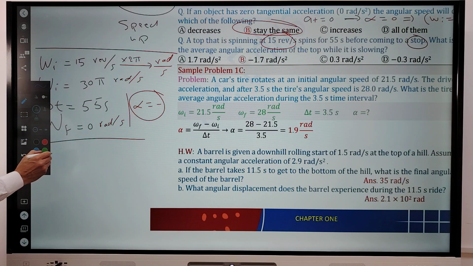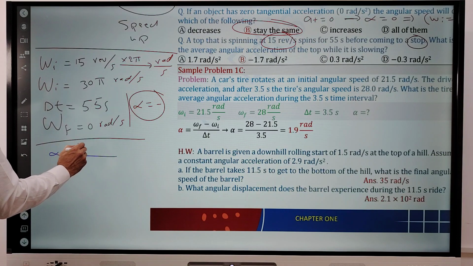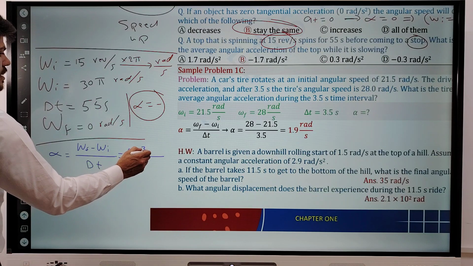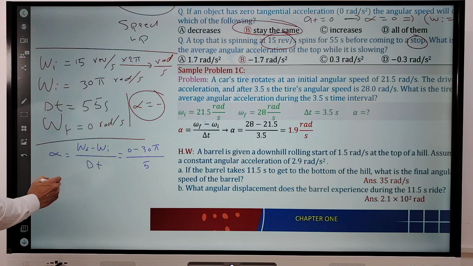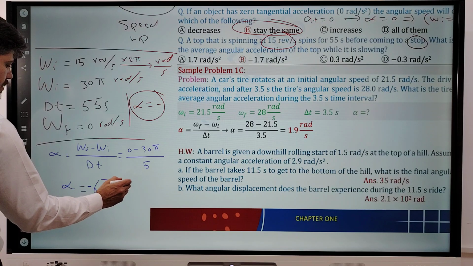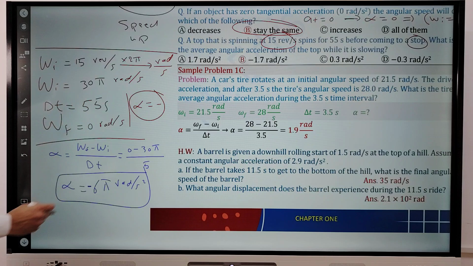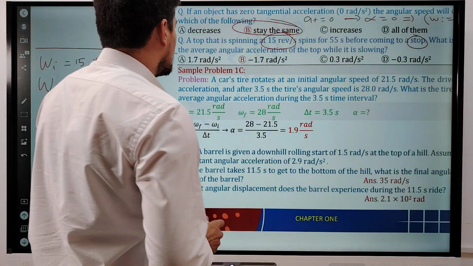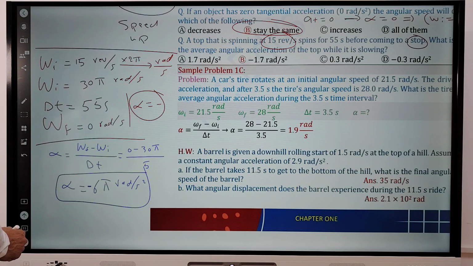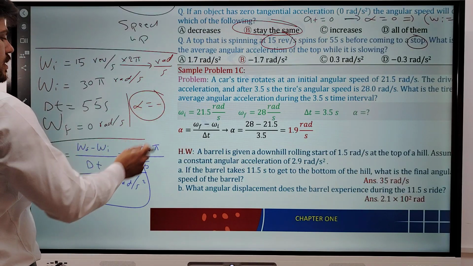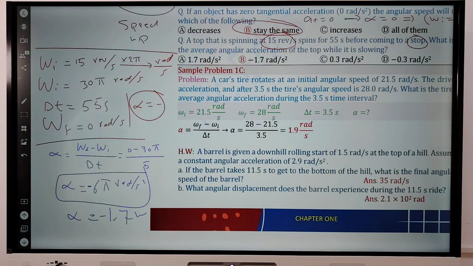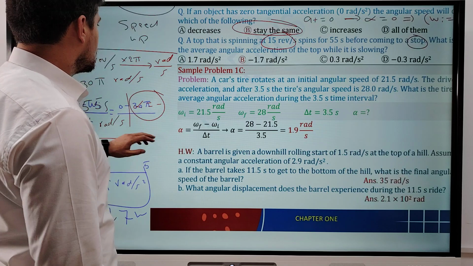And at first, you have to write down the equation of angular acceleration, which is equal to omega final minus omega initial divided by t, 0 minus 30 pi divided by 5.